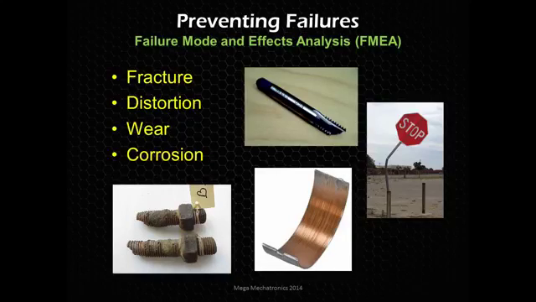So things you can change for distortion failure is prevent that distortion, prevent something from hitting it, prevent a car from running into it, increase the structural rigidity of that system. Wear. Do you need to improve the lubrication systems? Did you forget to lubricate it? Does it need a different type of material that are mating with each other? Does it need more surface area? Things like that. And corrosion.